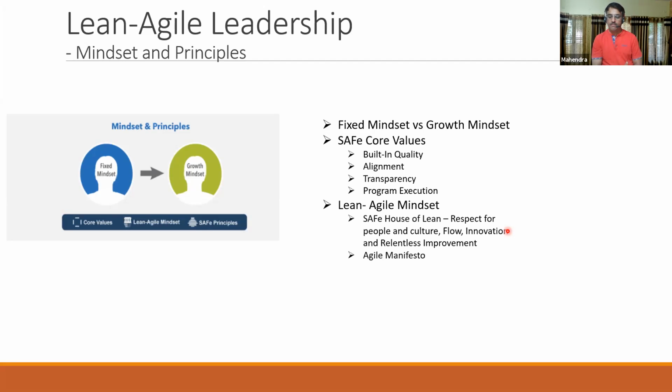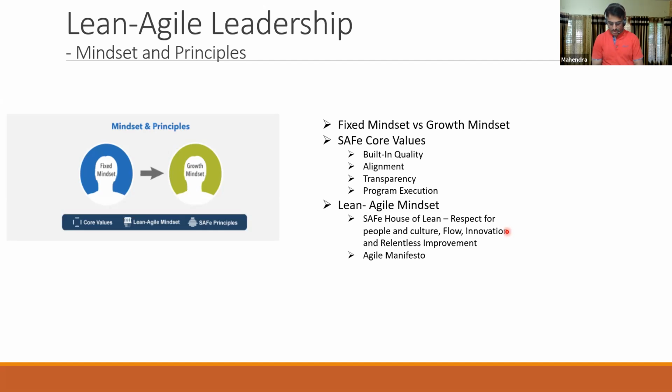And the lean agile mindset. The SAFe house of lean has these aspects: respect for people and culture, flow, innovation, and relentless improvement. I did mention it earlier. And the fundamentals of the Agile Manifesto, the 4 values and the 12 principles, still apply.